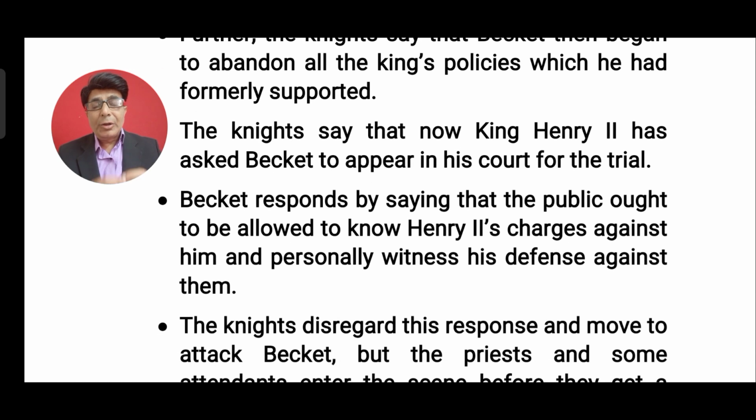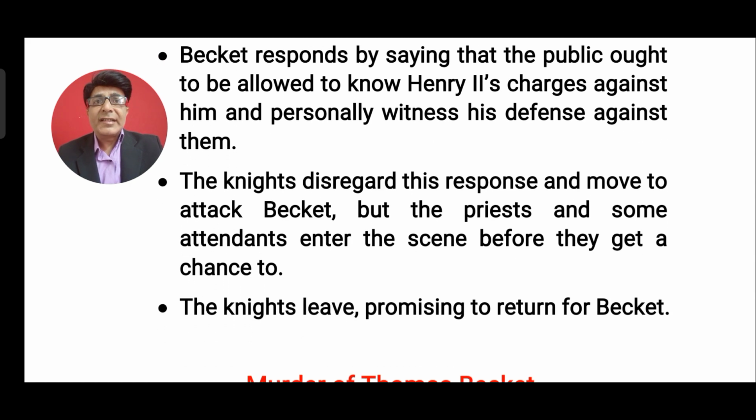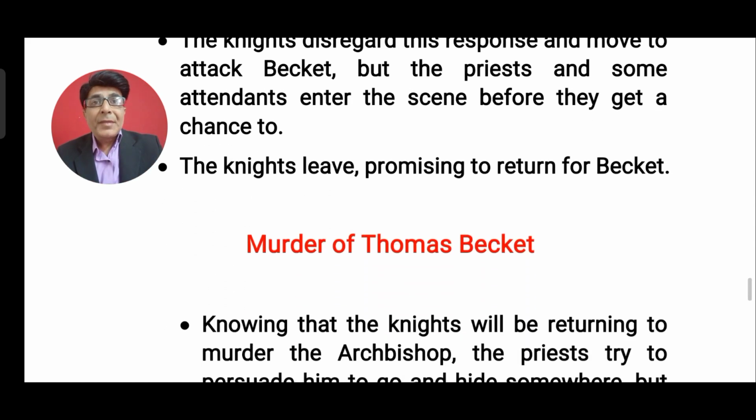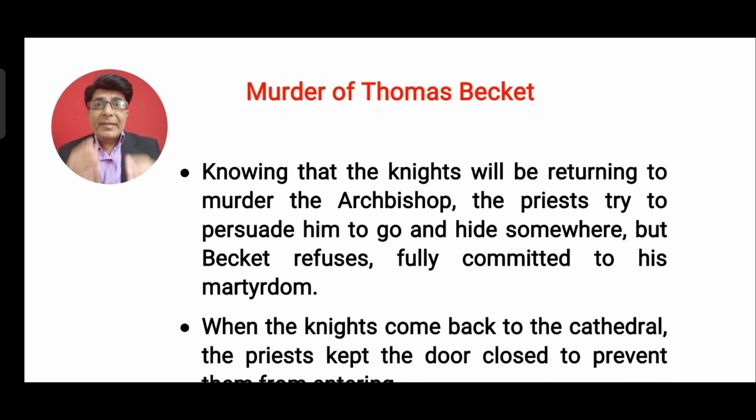But Thomas Becket says that if the king wants me in the court, I request that he allow all my followers to remain present as witnesses. But the four knights say that that's not possible, and they leave after that. Then we have another scene, the murder of Thomas Becket.